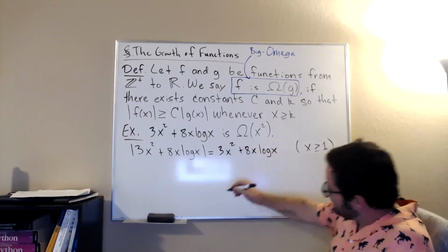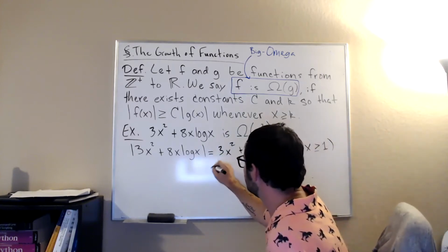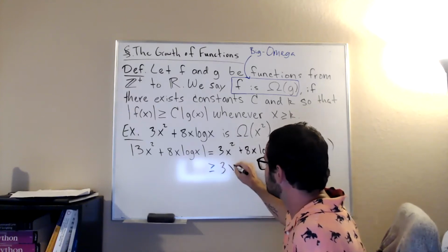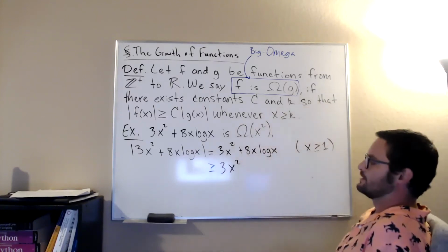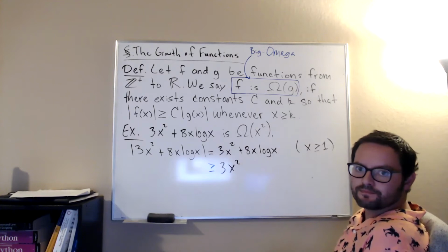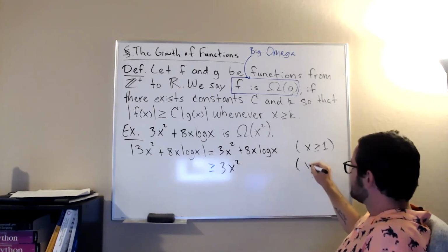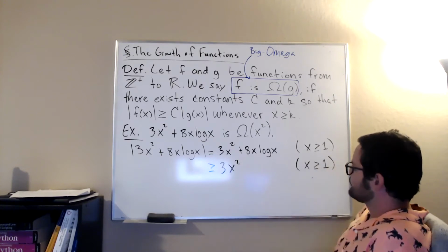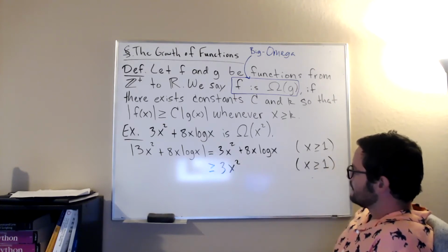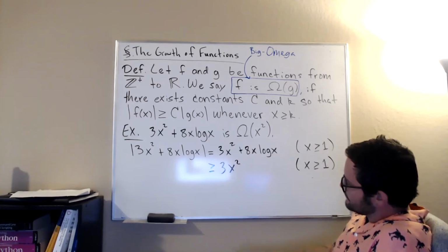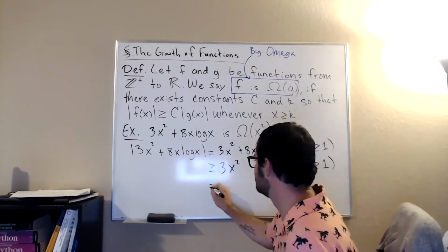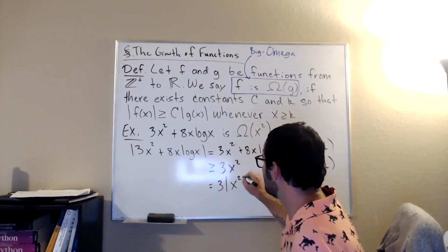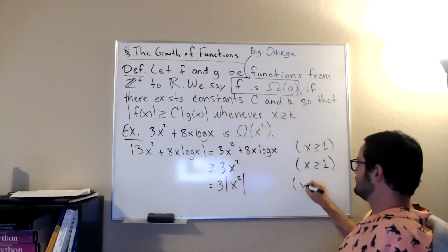So if we drop that term there, this is surely the case, right? Again, we're assuming that x is greater than or equal to 1. And then we're done because this is equal to 3 times the absolute value of x squared.